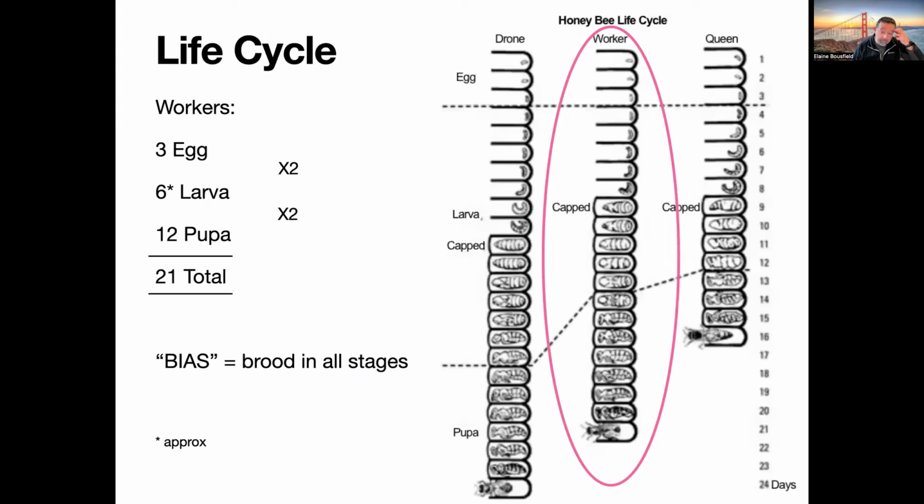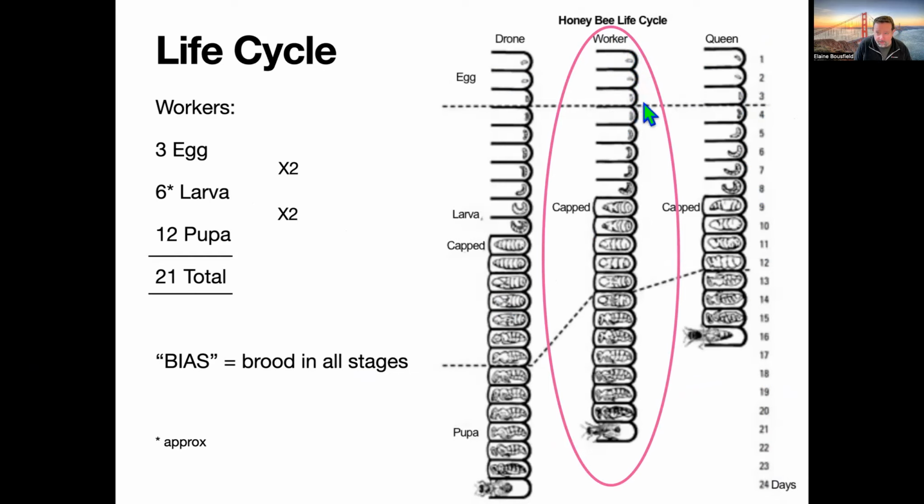Okay, so many people will have seen this kind of slide, the three castes of bees, and down the right hand side is days, and each one of these U-shaped things is a cell in honeycomb.